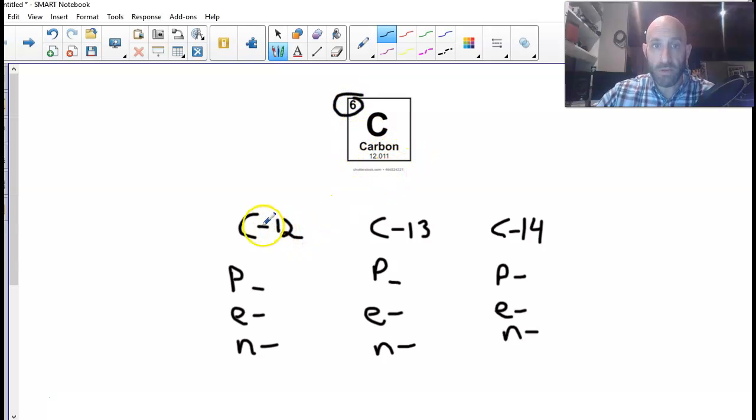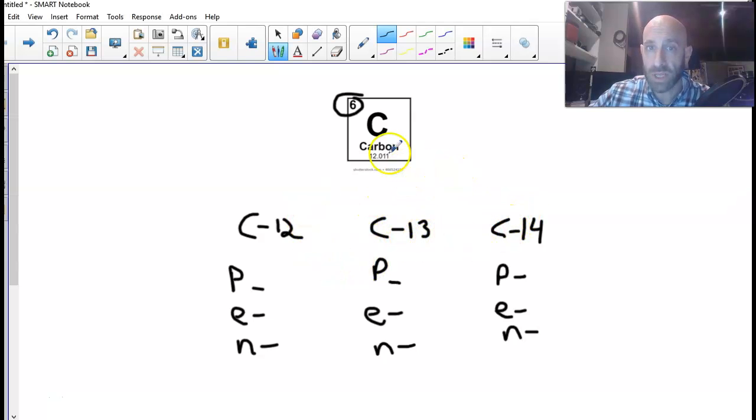Now, what I have written here, though, is carbon 12, carbon 13, and carbon 14. So just to remind you again, that dash and that number tells you it's got a different mass. So most carbon is carbon 12, and that is why it's 12 on here. So if I were to take all the carbon that exists in the universe, most of that carbon, by a huge percentage, is carbon 12. But there are some that are carbon 13 and carbon 14.